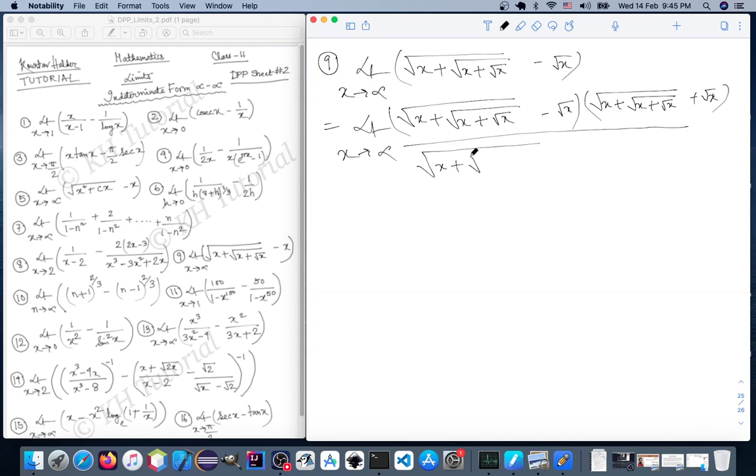x plus root over. So this further gets simplified.